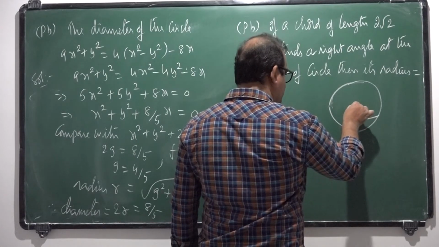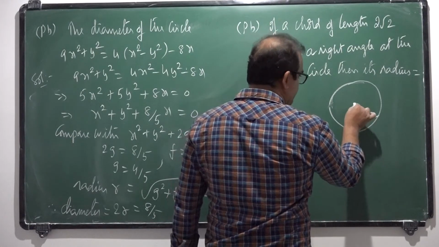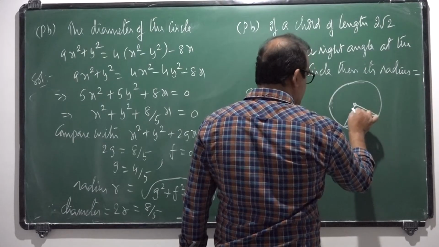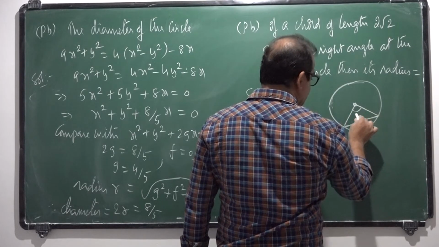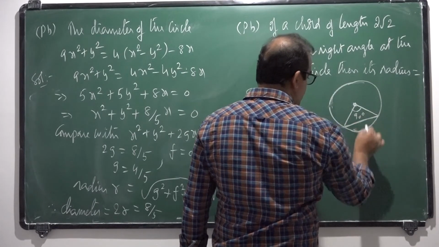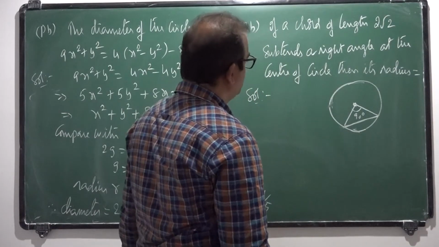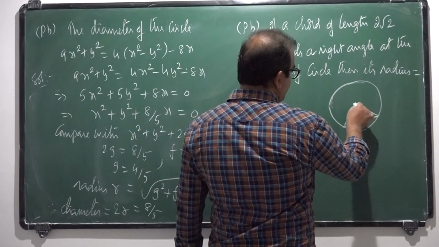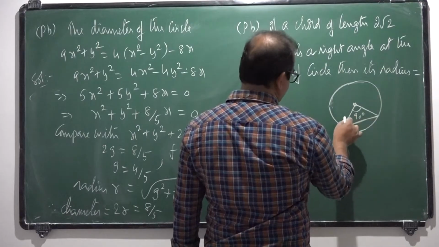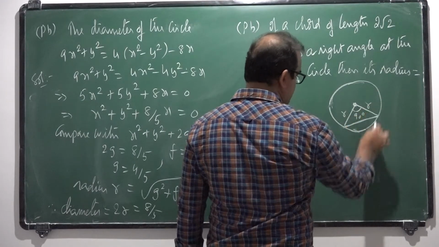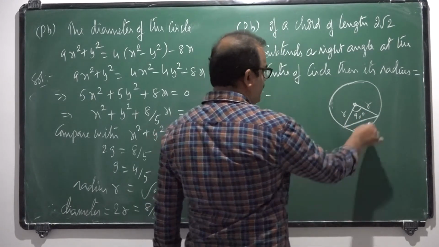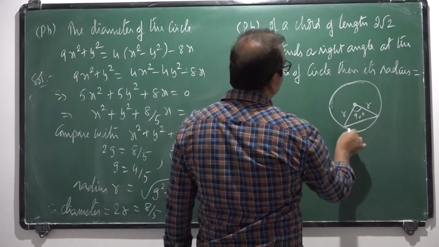This chord subtends a right angle at the center. Here the angle is 90 degrees. Then find radius of the circle. It is r and it is also r. What is the length of this chord? 2√2.